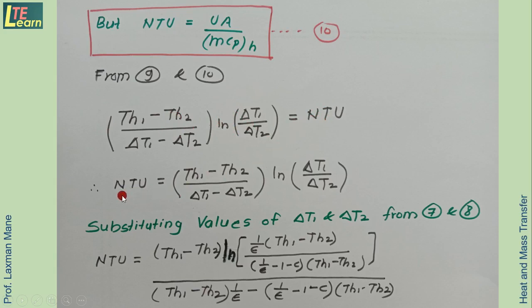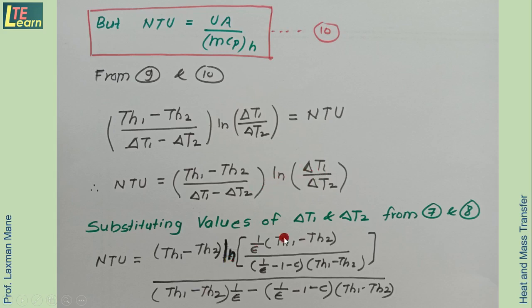So further NTU is equal to, once again we wrote this equation. Now we have to substitute delta T1 and delta T2 expressions which we already got from equation 7 and 8. So NTU is equal to TH1 minus TH2 into natural log.